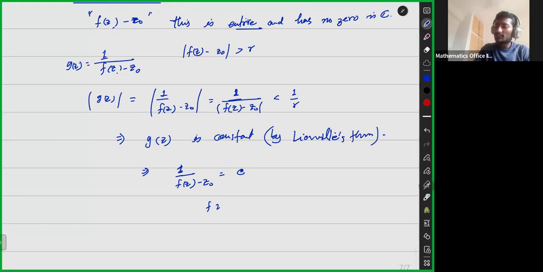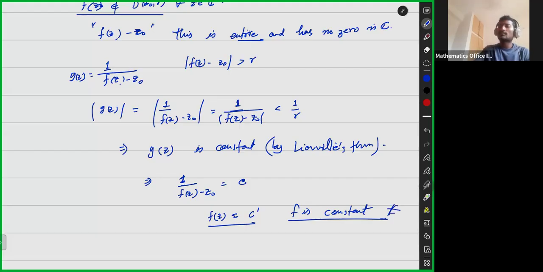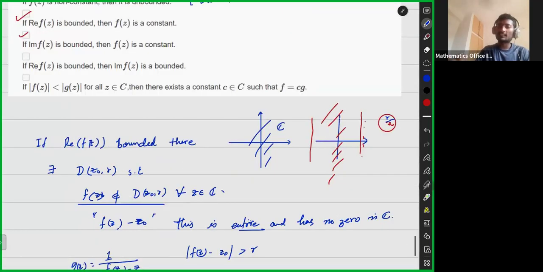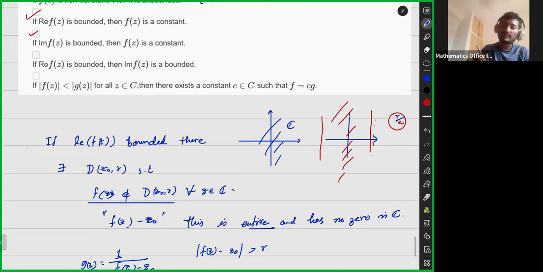So f(z) can be written as some constant, which depends on what c and z not are. So f is constant. The real part is bounded or the imaginary part is bounded, in both cases the same proof works. For p and c, I am proving something extra.